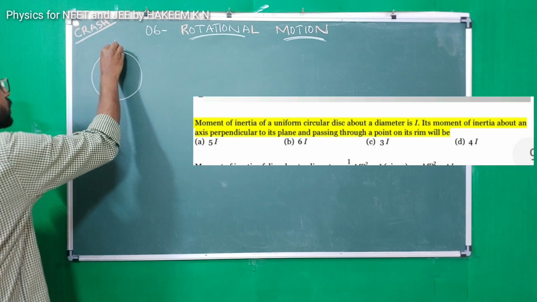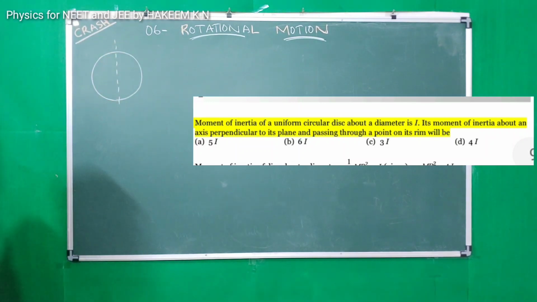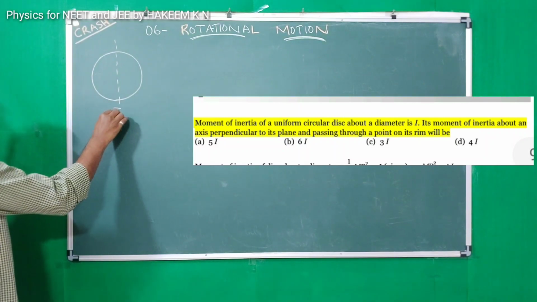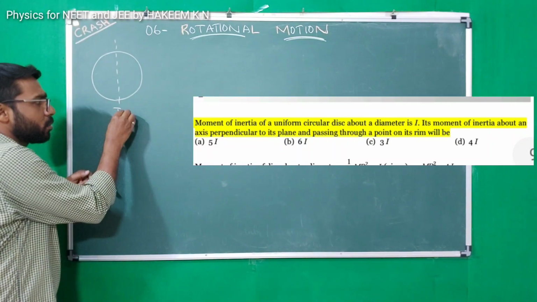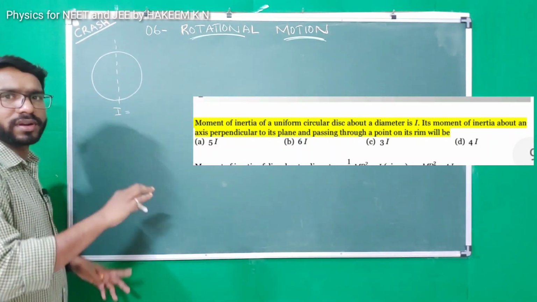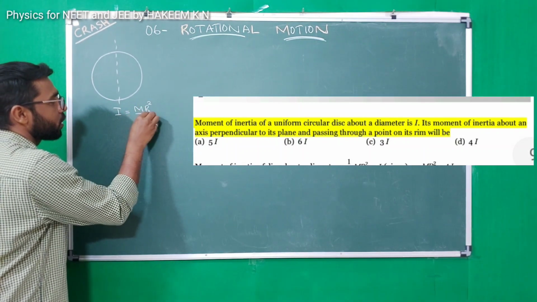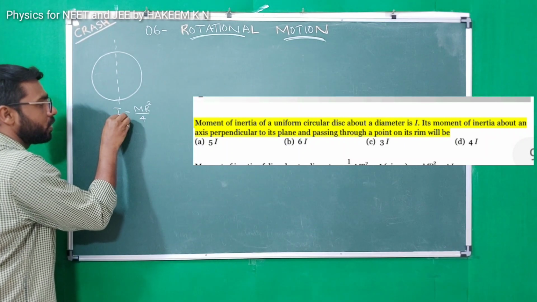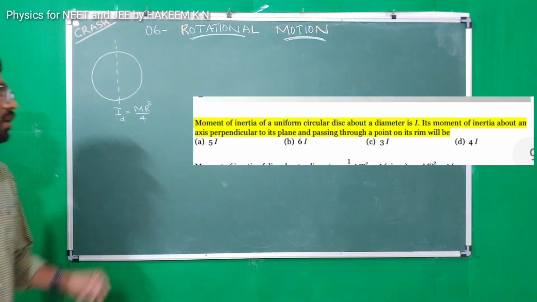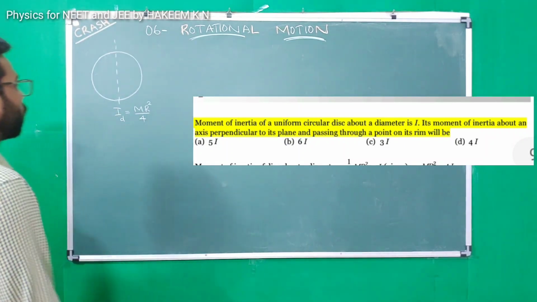A disc, axis along the diameter, moment of inertia I. This moment of inertia we already studied in the table: MR²/4 for a disc about a diameter.